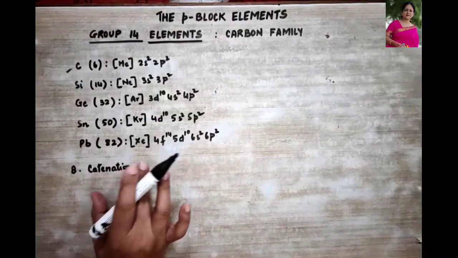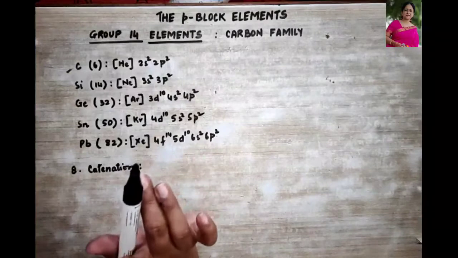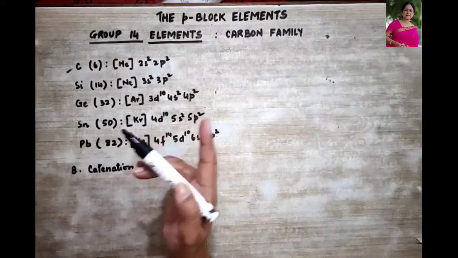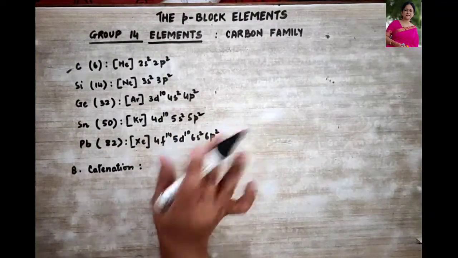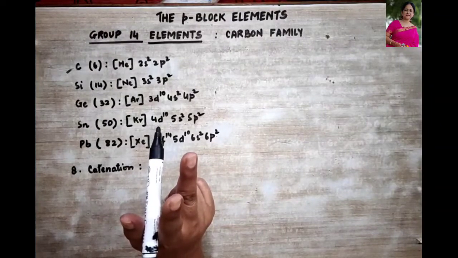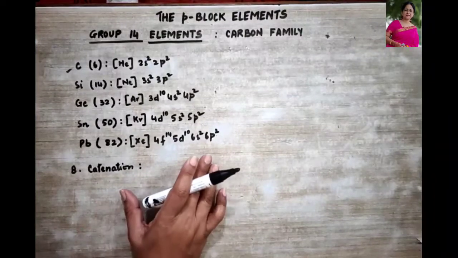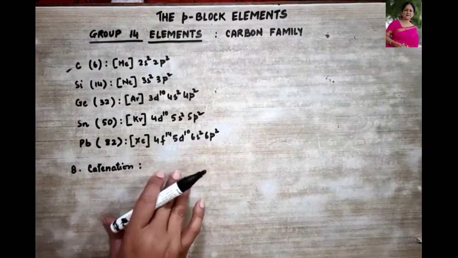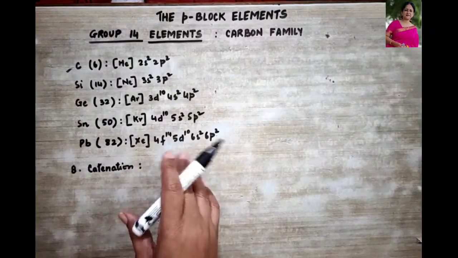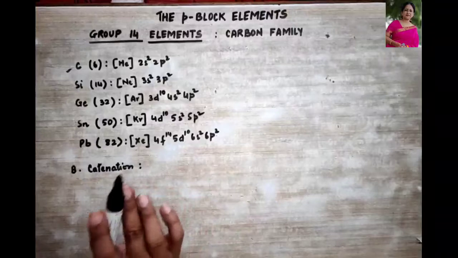I repeat, what are the two important conditions for catenation? Firstly, the valency of the element must be greater than or equal to 2. This is the first point. The second point necessary for catenation is that the element must form a strong covalent bond between the two atoms as compared to the bond with another atom, say if we talk about oxygen.